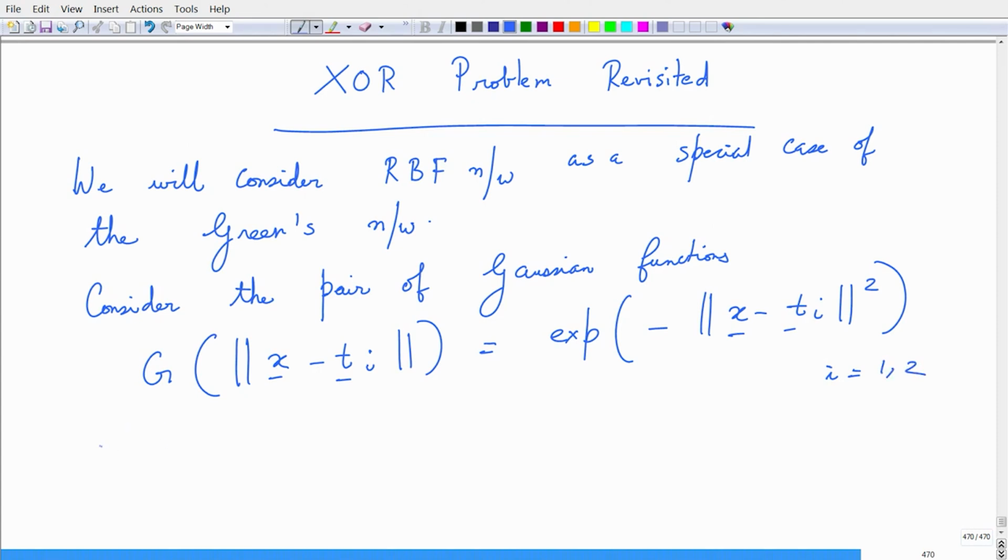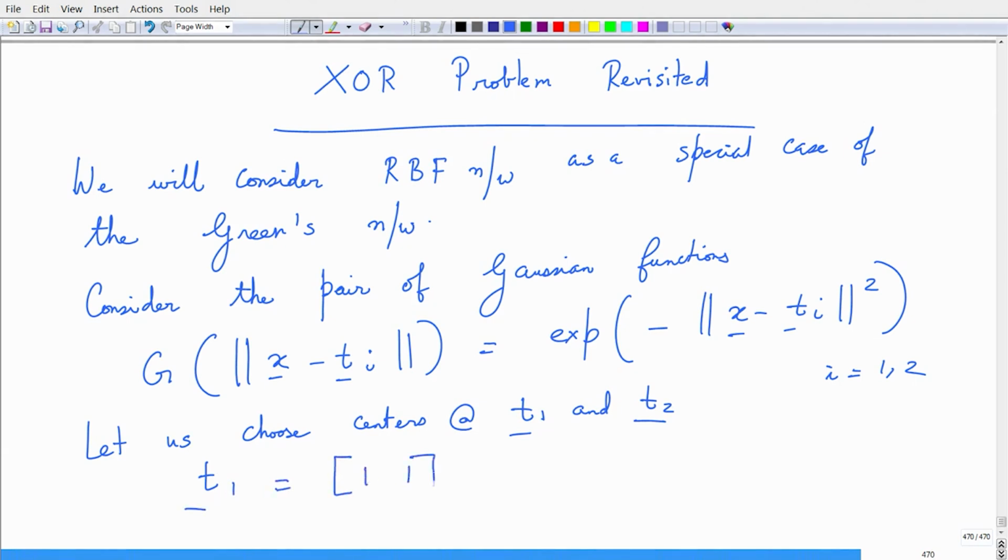and let us choose centers at T1 and T2, where T1 is (1, 1) transposed and T2 is (0, 0) transposed. Okay. So, at the moment you forget the optimization over choices of T1 and T2.